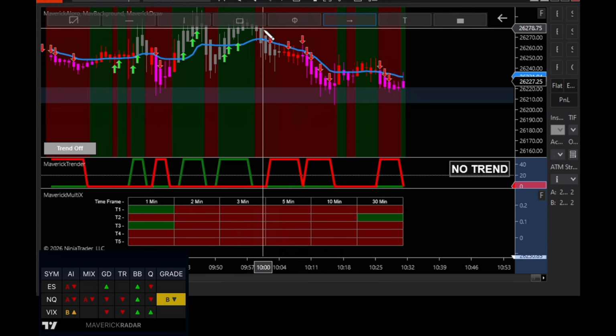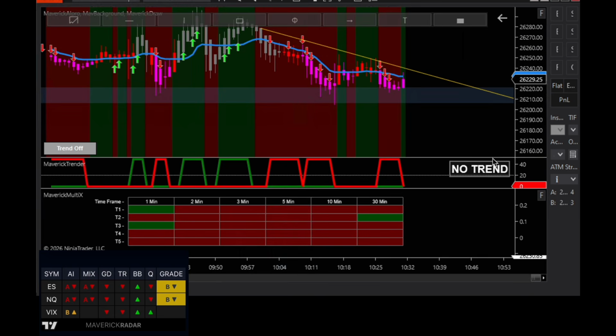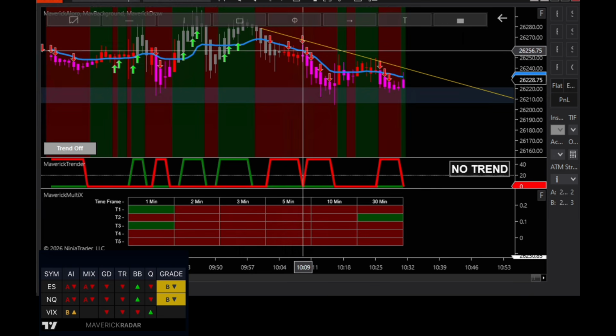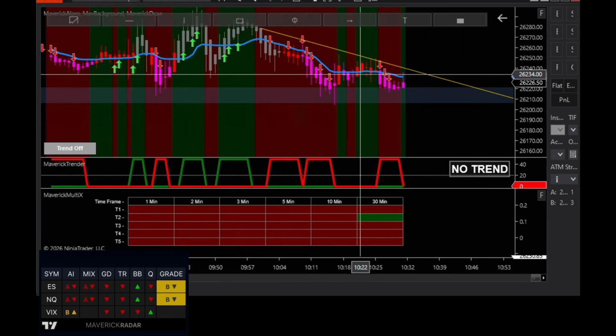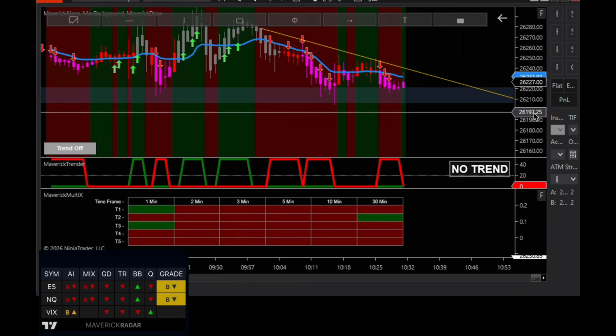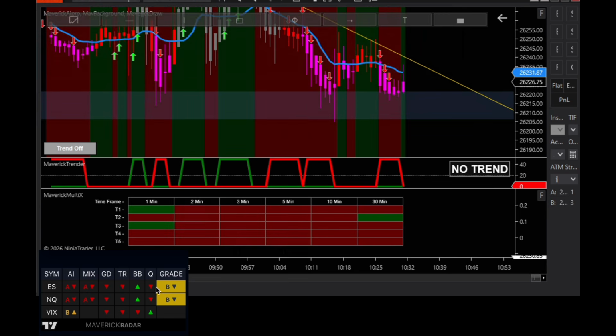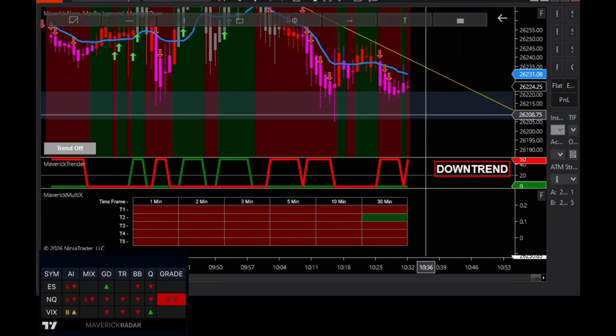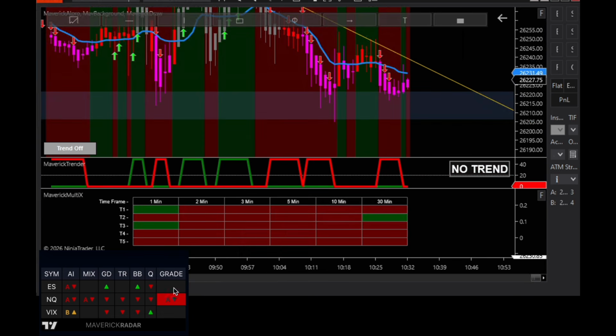So let's see here. Market structure is downward. Lower high, lower low. Lower high, lower low. Well, let's see if we can get the lower low here. All right, so we got a B setup on ES, you got an A setup on NQ again. I need an A setup on ES or an A setup on VIX.